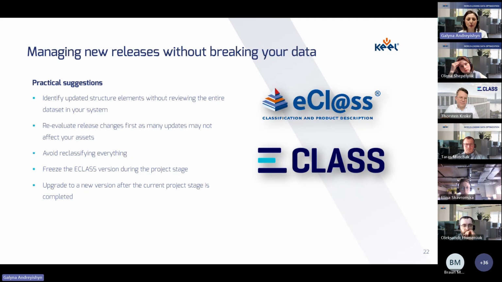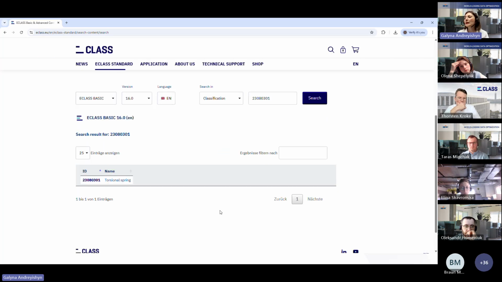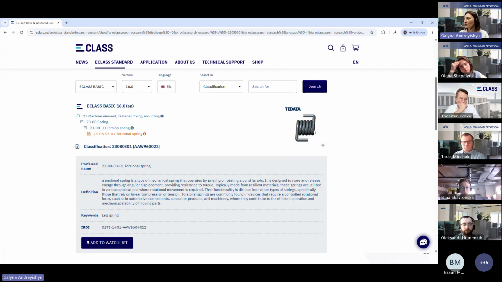I will show you an example. Just a second. For example, as you can see, torsional spring. Here we even have the picture of what it is, how this spring looks like. Here we have the ERDI, and this is why I mentioned almost not changed. This part changes if the structure element has some changes, in this case the class.